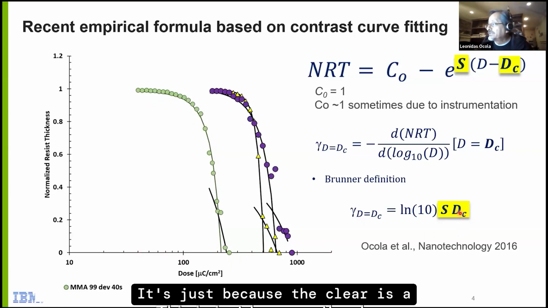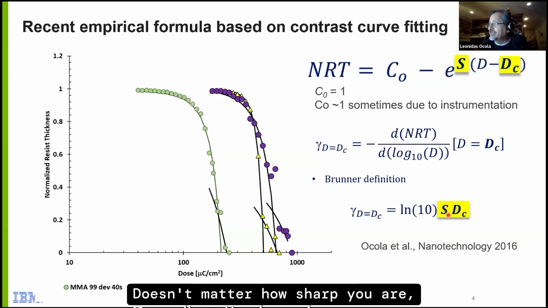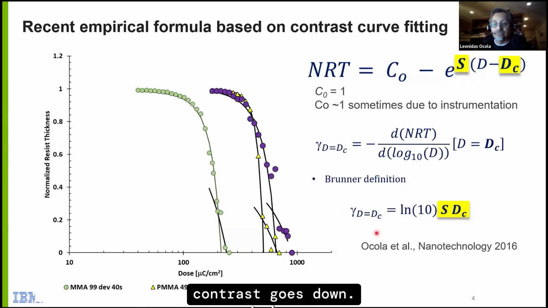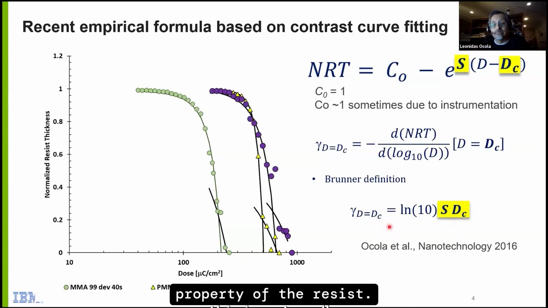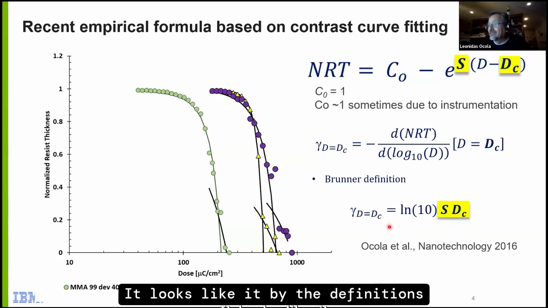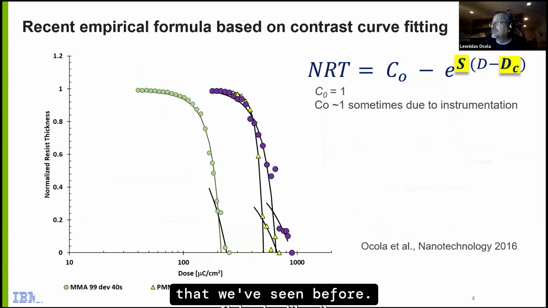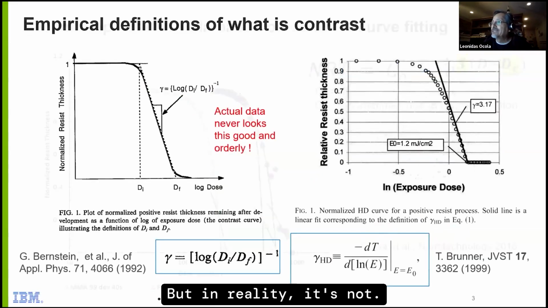And it's just because the dose to clear is a part of the factor. It doesn't matter how sharp you are. If the DC gets lower, then the overall contrast goes down. So that's why, and I'll show, this is not really an inherent property of the resist. It looks like it by the definitions that we've seen before, but in reality, it's not.